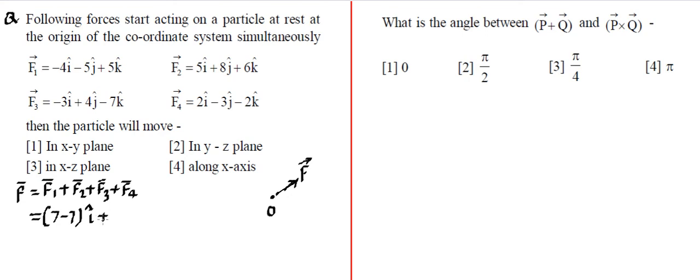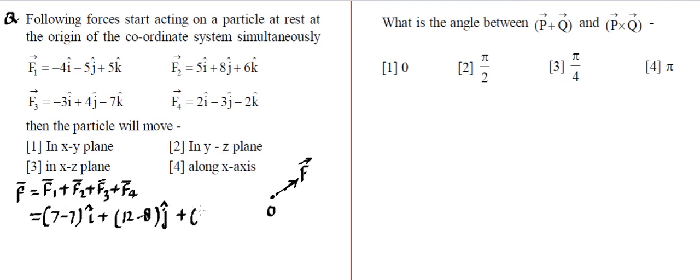Now let's talk about the j terms. This is -5, this is -3, so -5 minus 3 is -8. And this is 8 plus 4, that is 12. So we get 12 minus 8 in j cap. Similarly, we can find for the k cap. This is going to be 5 plus 6, that's 11. 7 and 2 negative, that's -9.